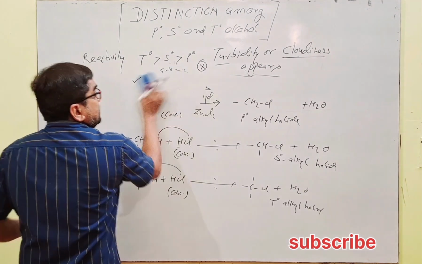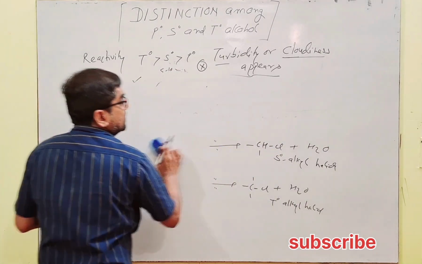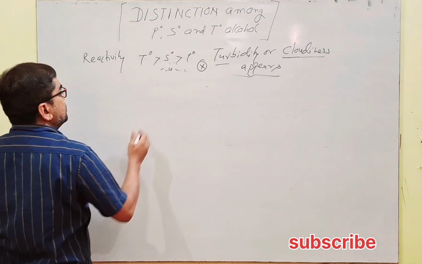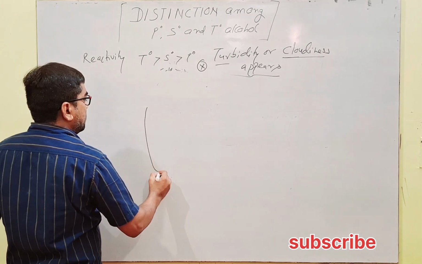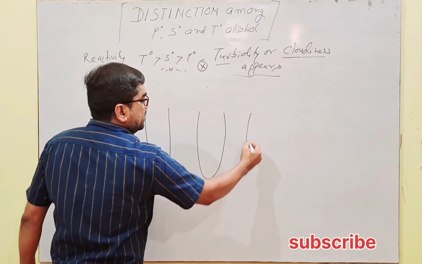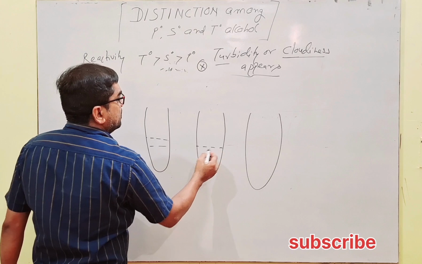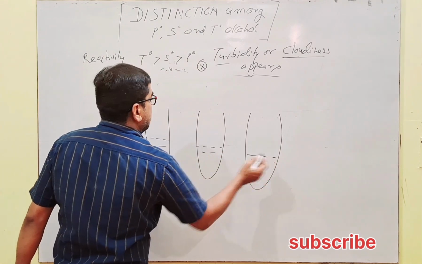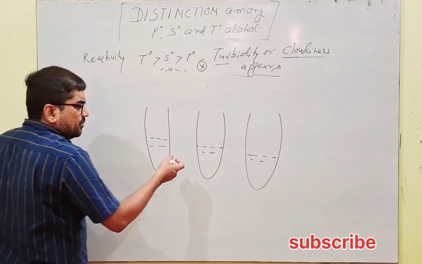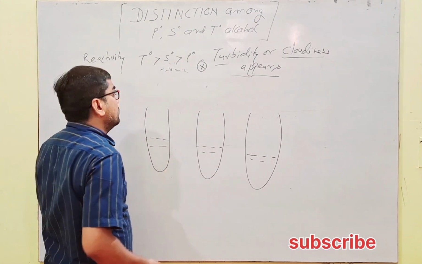So let's see after reaction. Let's see the simple demonstration. Here are test tubes, 3 test tubes given, in which a mixture of different types of primary, secondary and tertiary alcohols are given, and it is unknown in which primary, in which secondary and in which tertiary is filled. This is unknown.